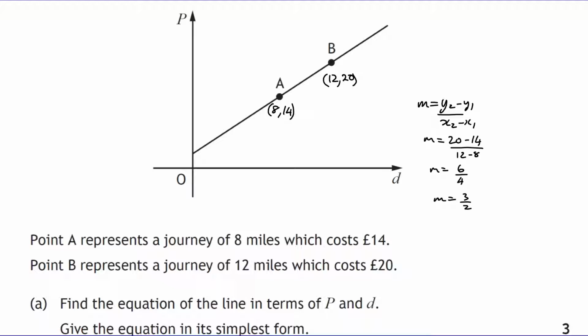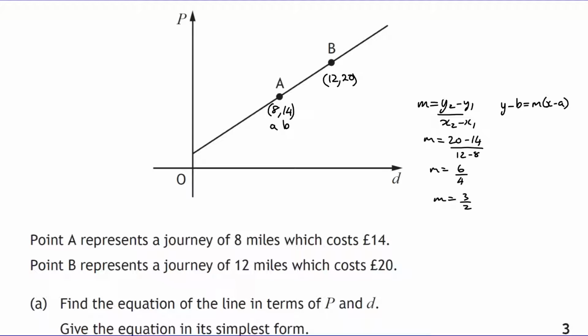Okay, so we're not given the y-intercept here. You can find the equation of the line using y equals mx plus c or y minus b equals m(x minus a). I'm going to go for the latter. We need an a and a b value, so I'm going to use this coordinate here as my a and b. I could use this one, but this is just lower numbers, so it's going to make things a little bit easier.